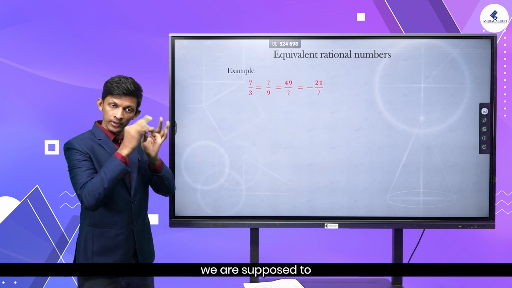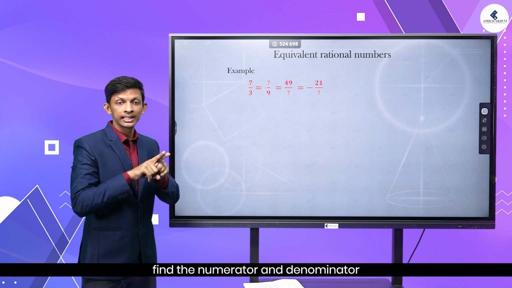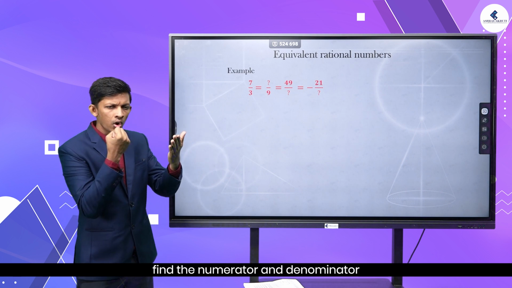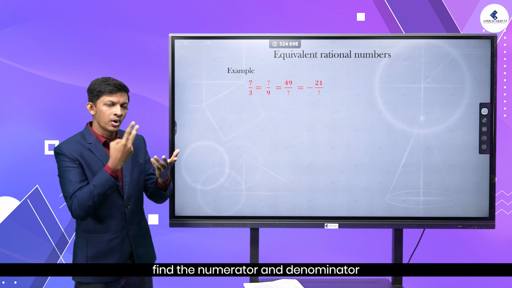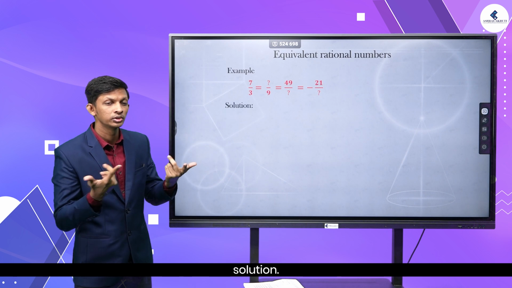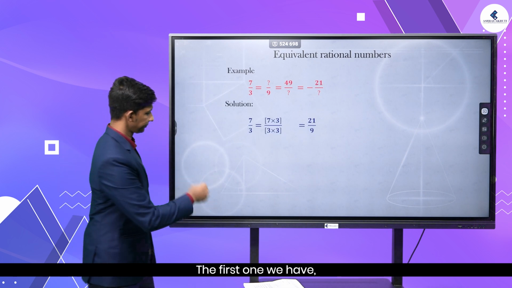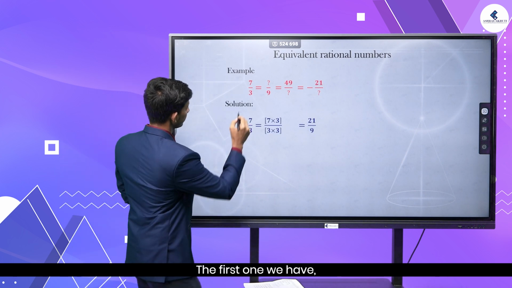In the above example, we are supposed to find the numerators and denominators. Solution. The first one we have is 7 by 3.